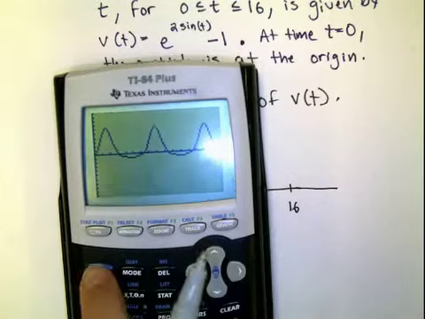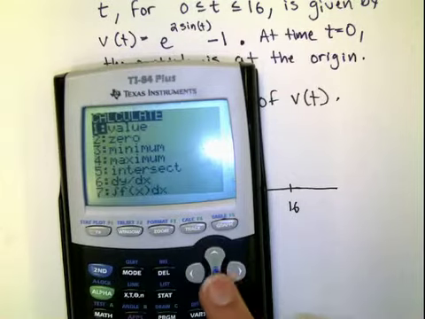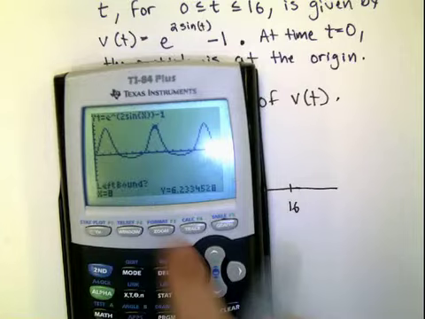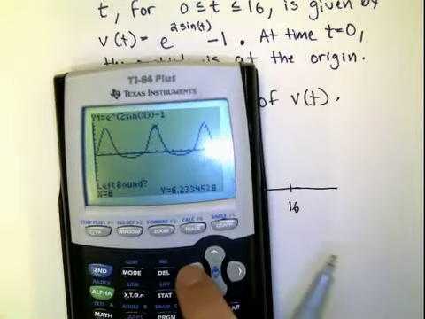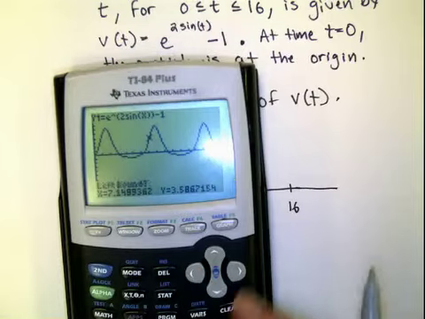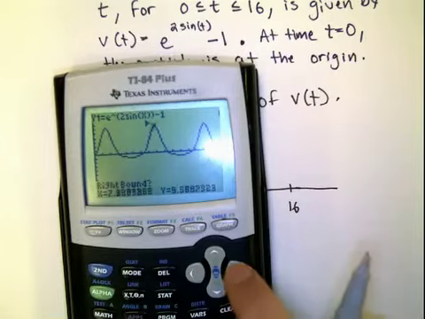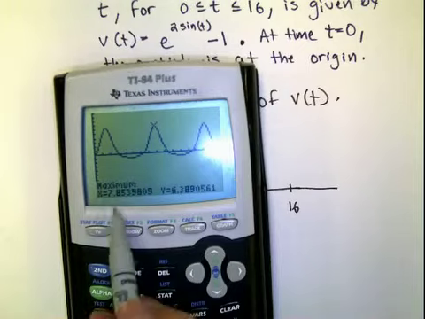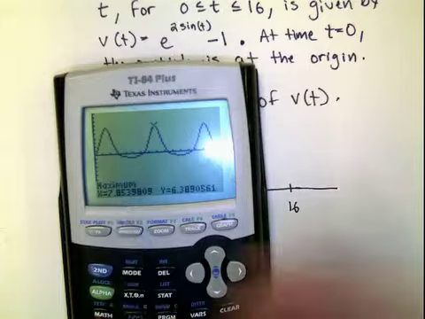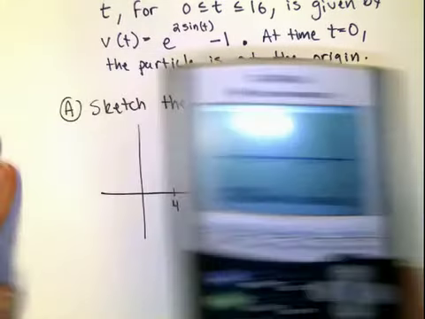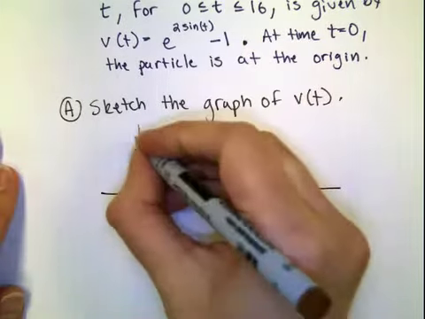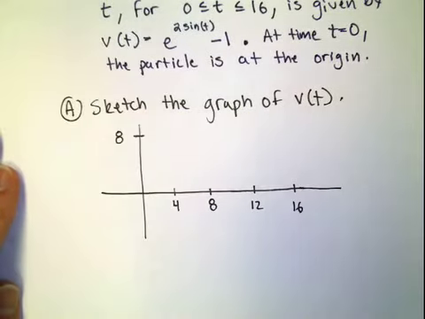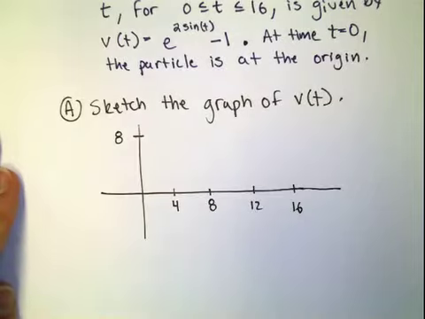What's the highest these peaks get to? I'm going to go second trace. Do you see the option that says maximum? We're going to find a max. It'll ask for a left bound and a right bound. So I'm going to scroll to the left of one of these peaks, hit enter, and then scroll to the right and hit enter, enter. And this top peak is at 7.853. So for my graph, I really don't need to get above like 8 on the axis.